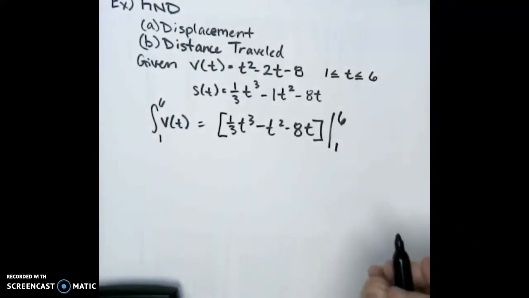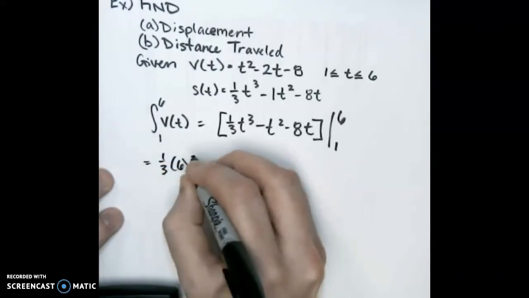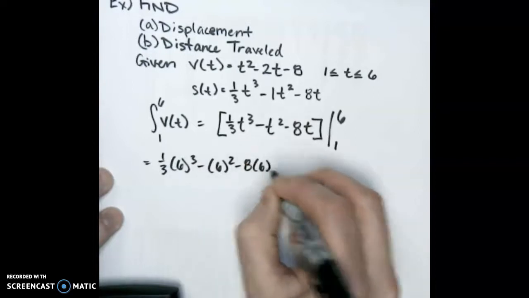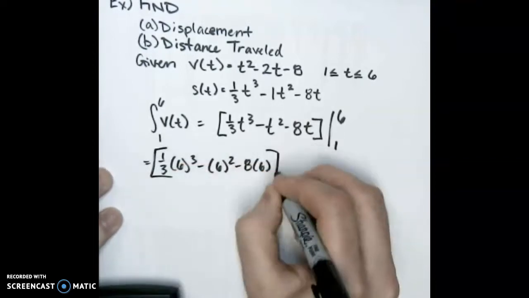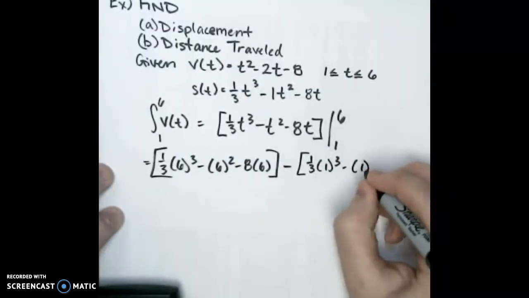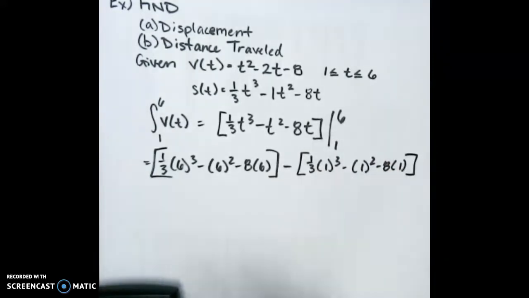So we're going to start by plugging in 6 into the function. We're going to get a solution for that. Then we're going to plug in 1 to the function and get a solution for that. And then we're going to subtract those two values. So go ahead and figure those out.